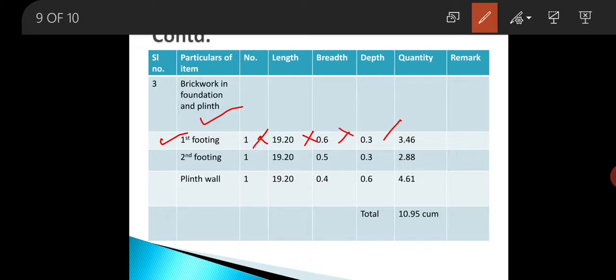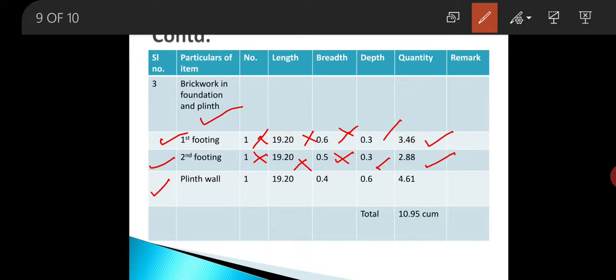Then by multiplying this we will get 3.46 cubic meter. Then come to second footing. Number is 1, length is 19.2, breadth is 0.5, depth is 0.3. By multiplying these we will get 2.88 cubic meter.